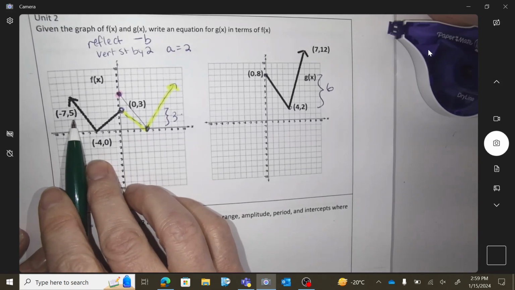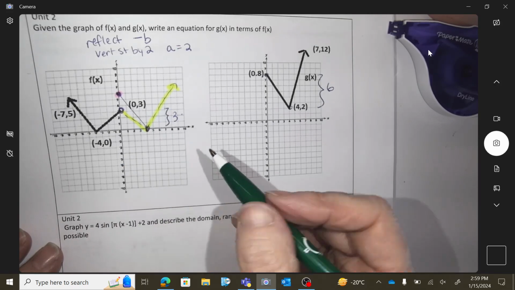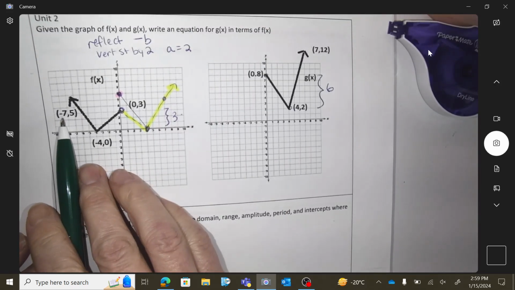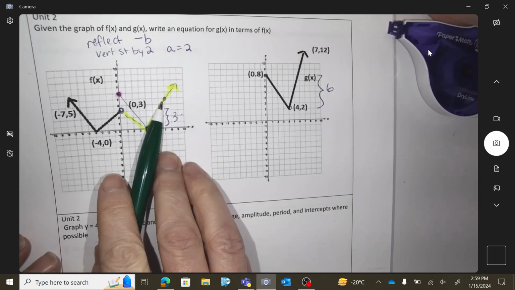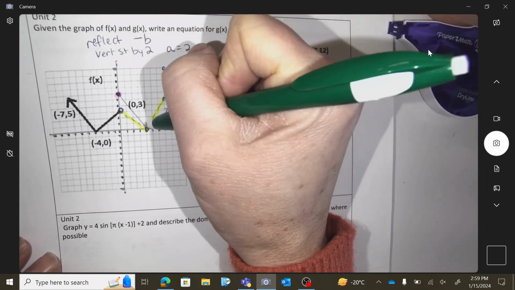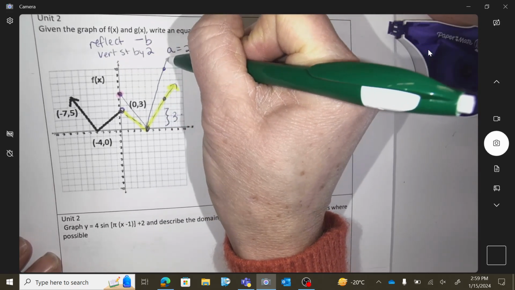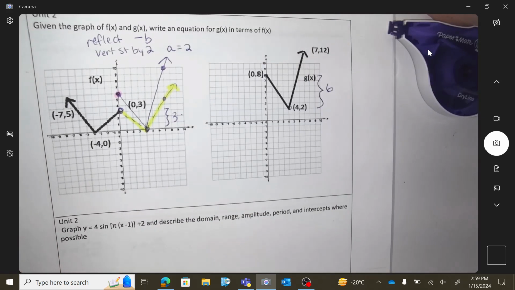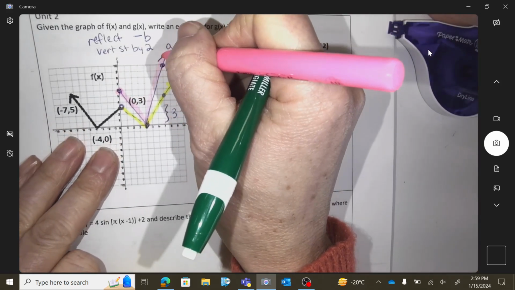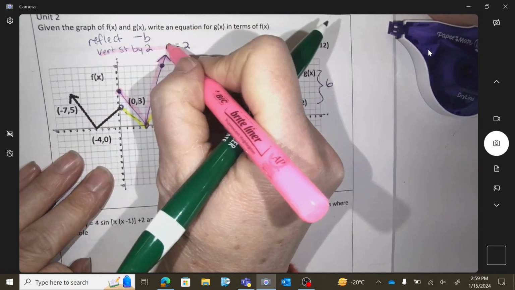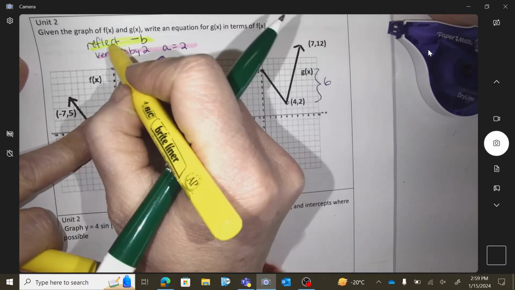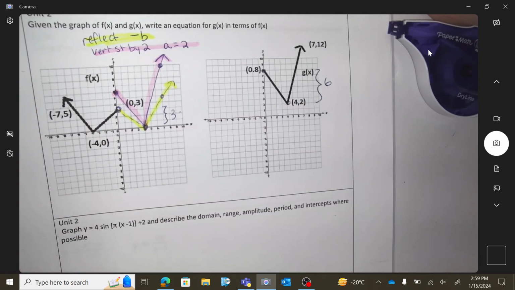And 7, 5, right? This one over there is now 7, 10. So I'm going to call this my pink one here. Okay, do you see what I did?